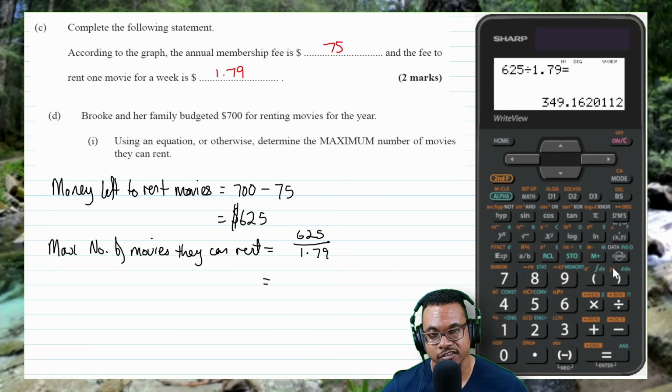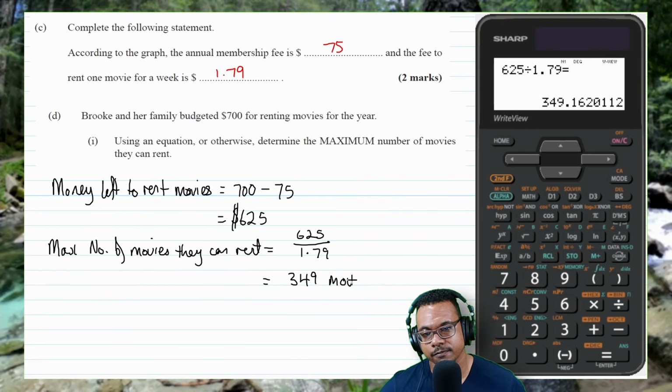We can't rent a fraction of a movie, so we ignore the decimals. So we can rent 349 movies for the year.